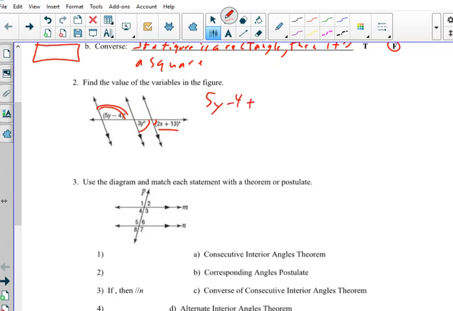So 5y minus 4 plus 3y equals 180. So this is going to be 8y minus 4 equals 180. Add 4 to both sides. 8y equals 184. And then when you divide by 8, y is 23.